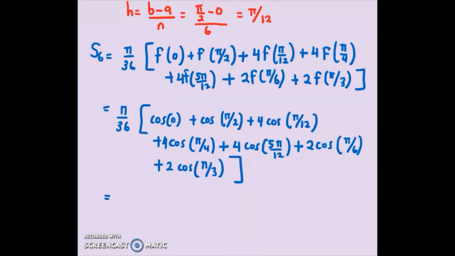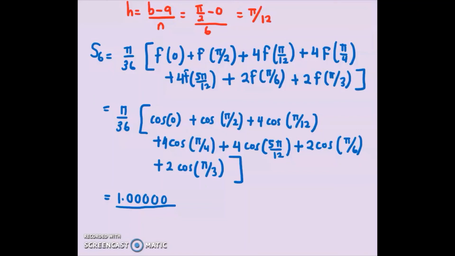Surprisingly, when I hit the calculator and multiply with pi over 36, I get the solution almost exactly like the exact. That's how accurate the order 4 Simpson rule is.